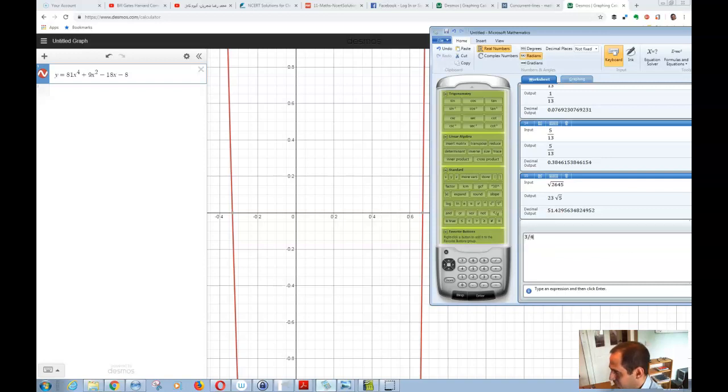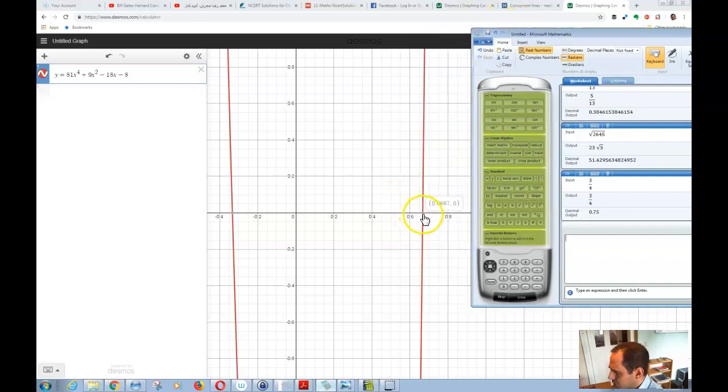Okay, so 3/4 is the same thing as, no, this thing over here is 0.6667.